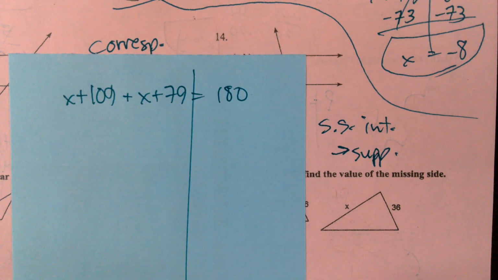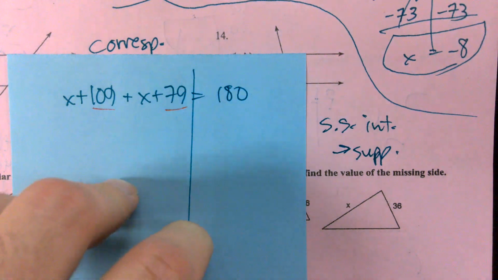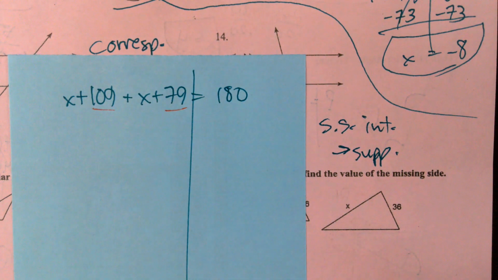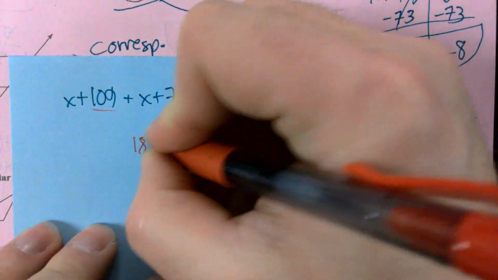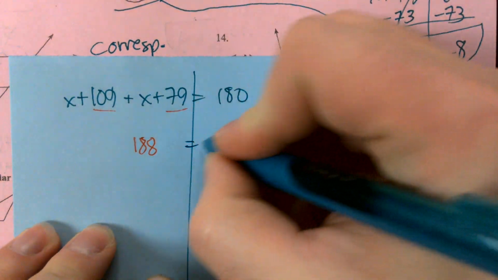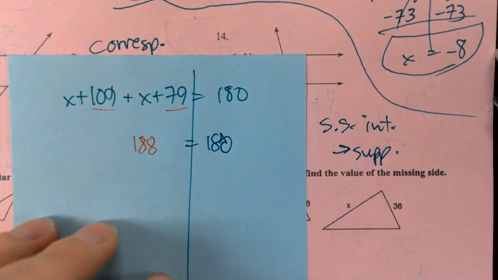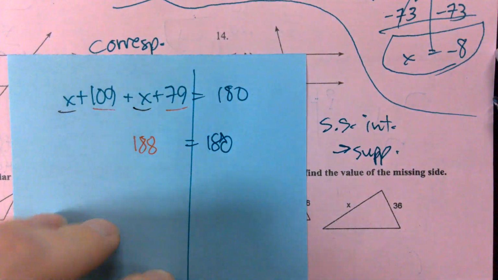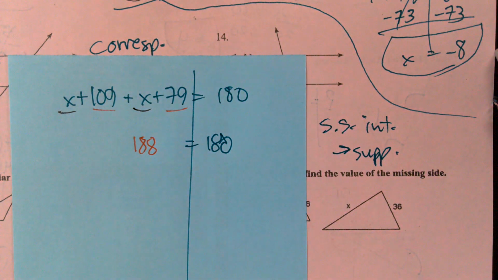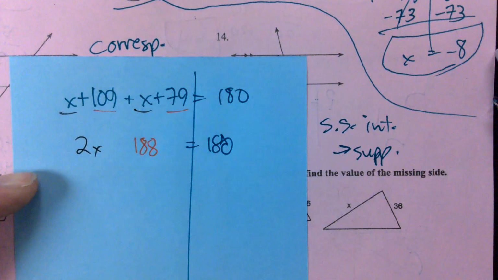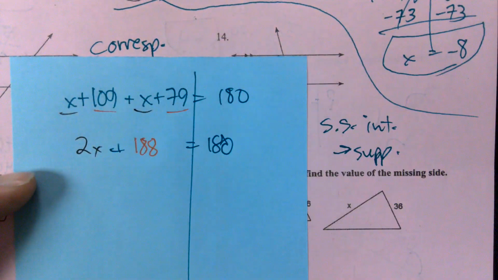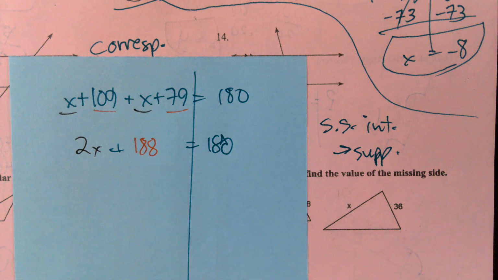Let's get our like terms combined here. 109 plus 79 gives us 188. And x plus x gives us what, Max? 2x, exactly. Do you have a question? Sure. We get 2x, right? If there's 2 x's there, that's 2x.